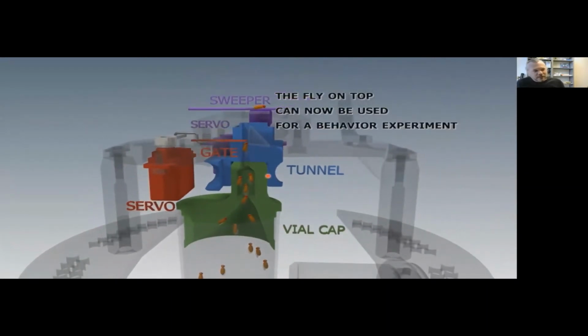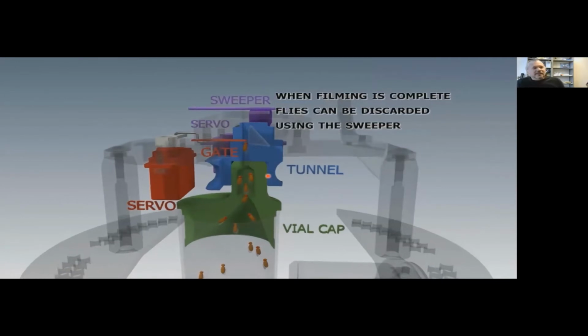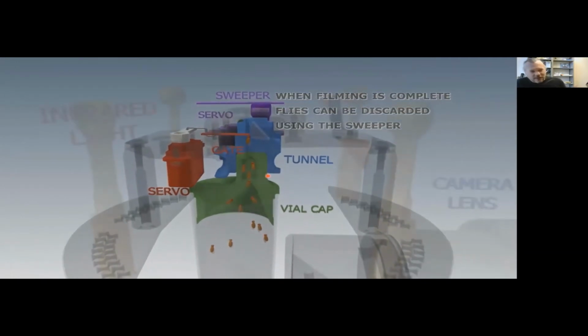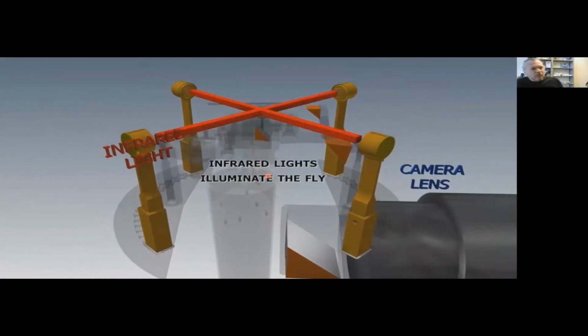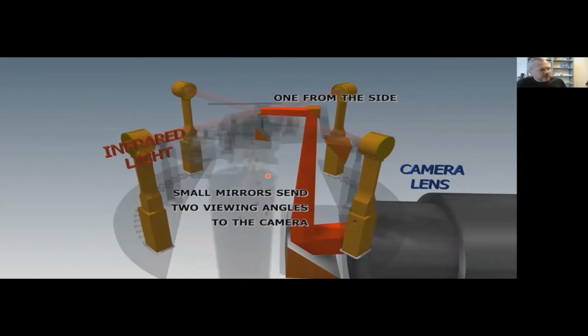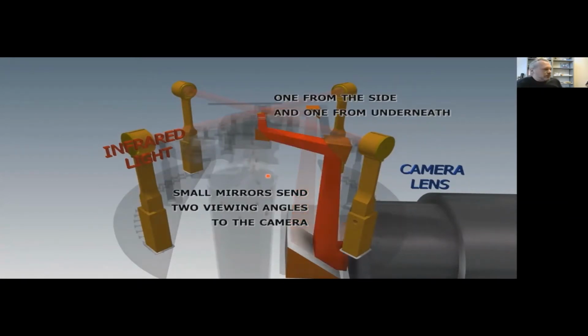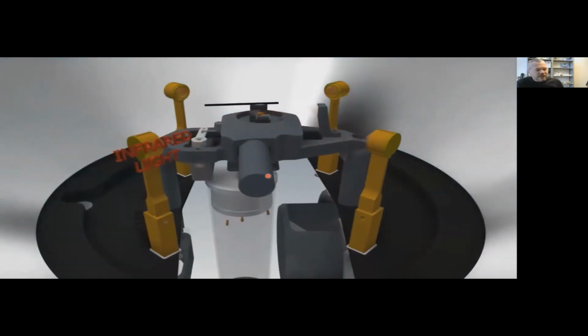A gate would close to block subsequent flies, and the fly on top would be filmed in high-speed video. At the end of it, they would be discarded if they didn't jump away from the simulated predator. Lights were also used for optogenetic stimulation. Guidon introduced that concept earlier. And then small mirrors would send two viewing angles to a single camera.